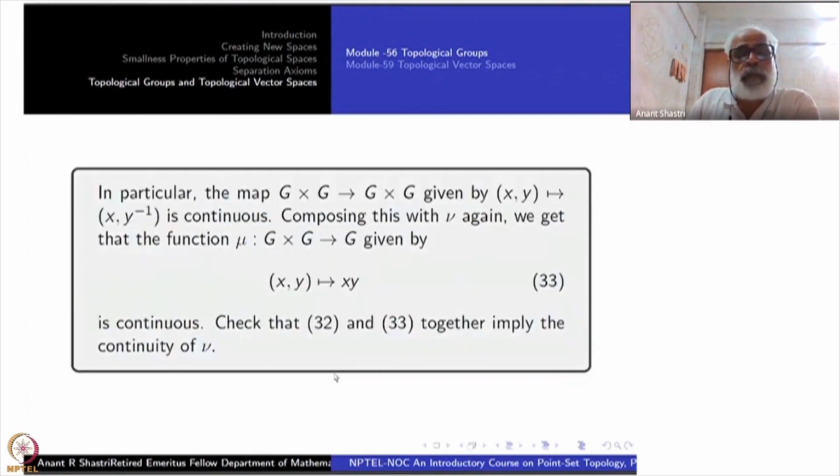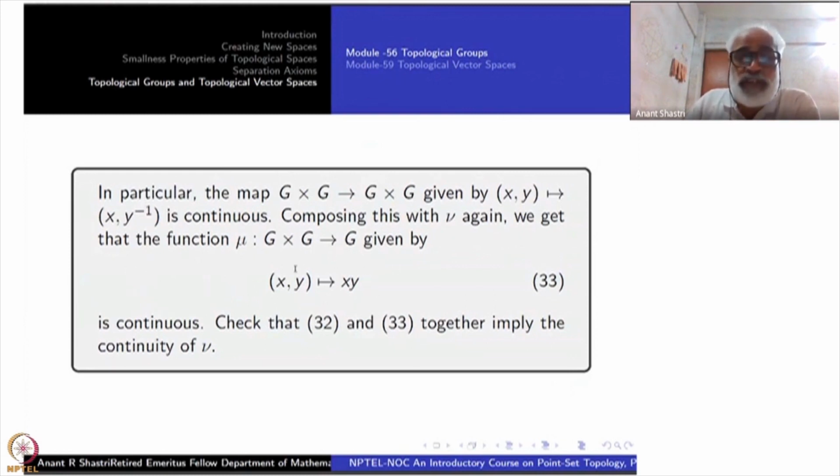Likewise, if you take (x, y) going to, first the composite is identity comma eta, and then take nu. So (x, y) going to (x, y inverse) is identity comma eta, right? Therefore, this is also continuous. Now composite with nu, that will become (x, y) going to x times y. The nu of (x, y inverse) is x y inverse inverse, so that's equal to xy.